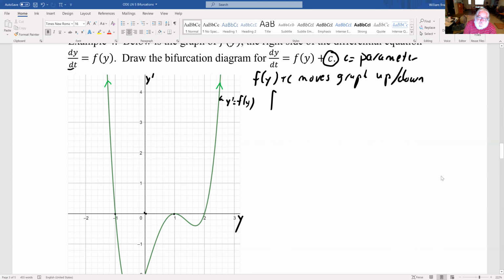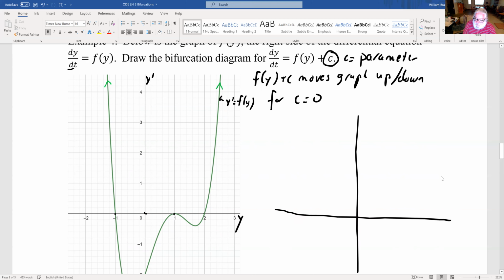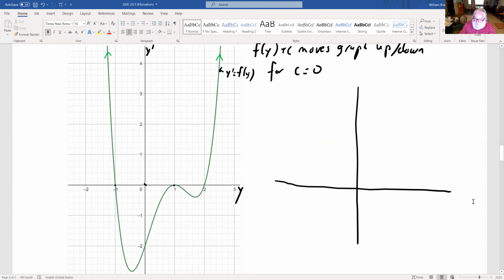So for c equal to 0, what do we know? So here's my parameter c. Here's y. C equals 0 is the y-axis. We want to know what is the phase line along the y-axis.